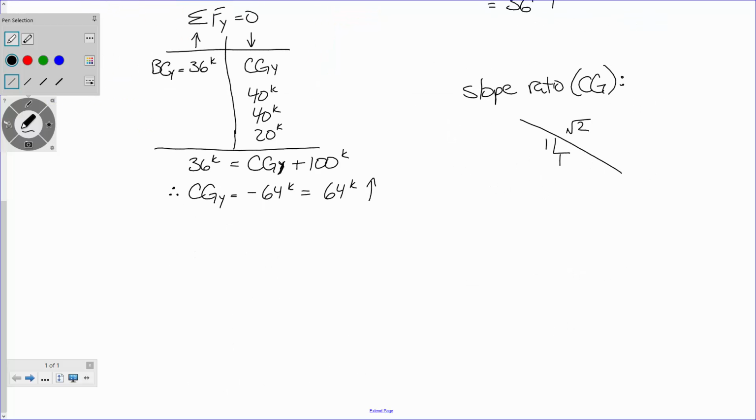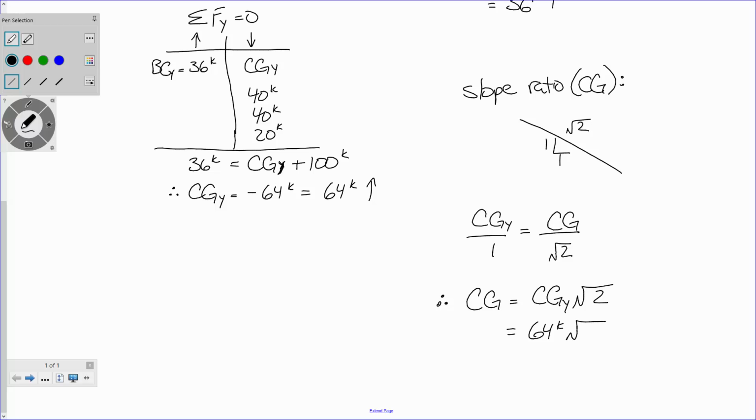So if I start to try and write an expression, would you agree with the following statement? Would you agree that CGY is to 1 as CG is to the square root of 2? Do you agree with that? So therefore, CG is CGY times the square root of 2, which is 64 kips times the square root of 2.